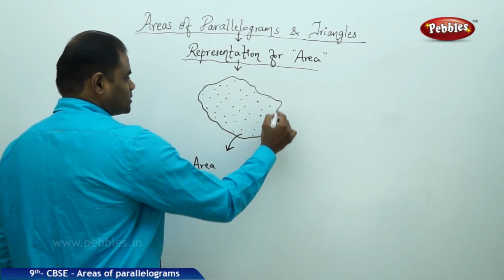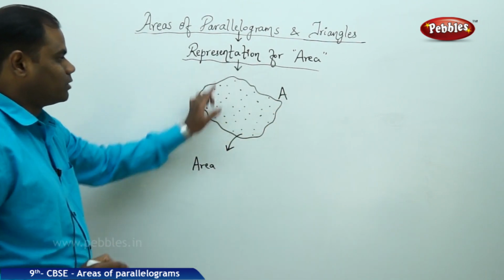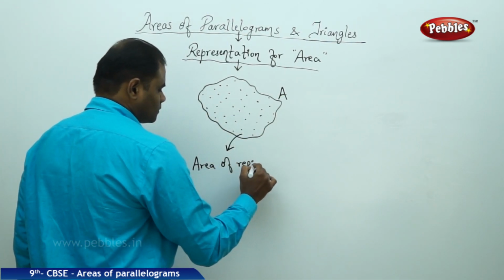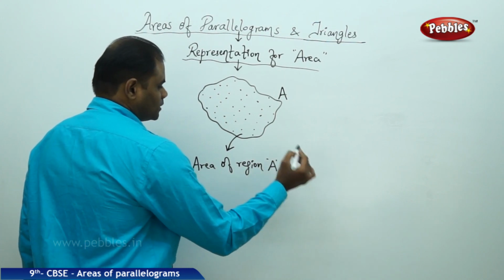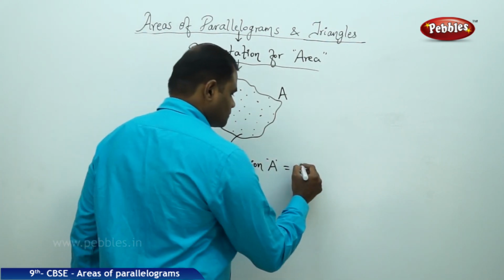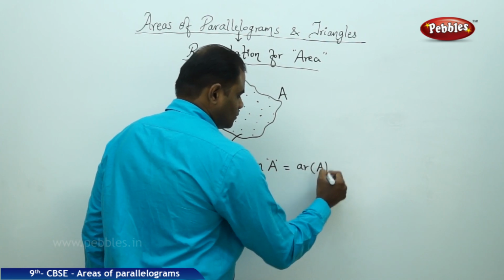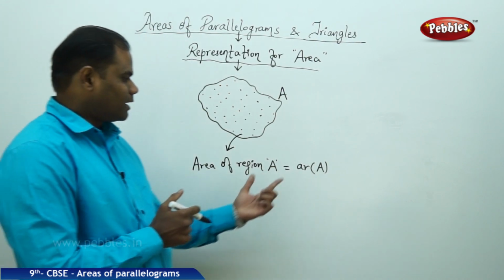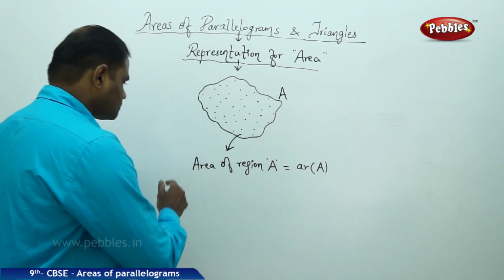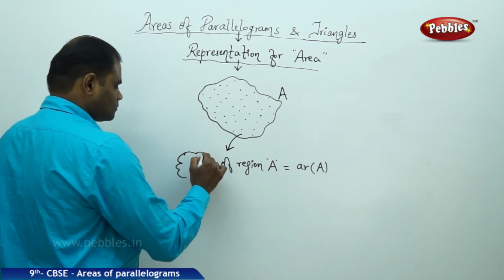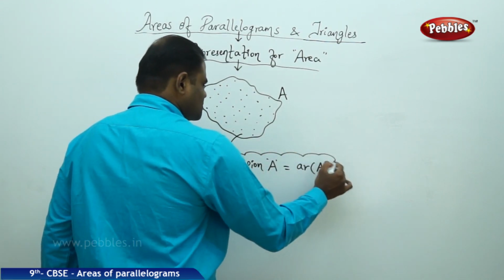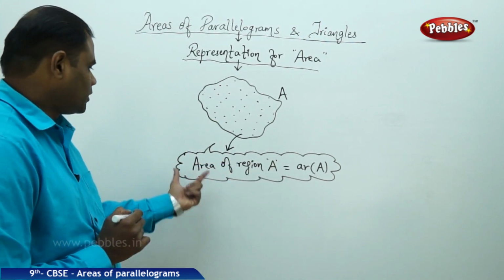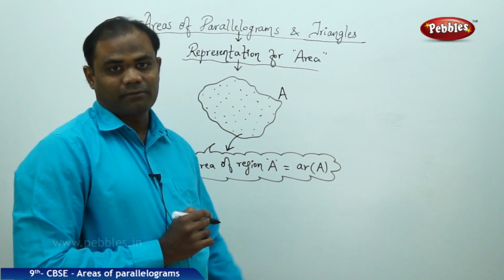If this whole region is represented by A, then the area of region A is denoted by area of A, or AR of A. So simply when I write AR of A, that is the symbol or representation for the area of A. So the area of region A is denoted by AR of A.